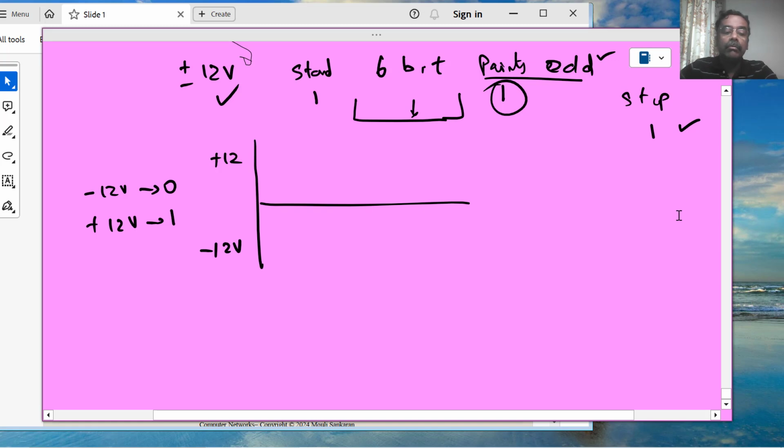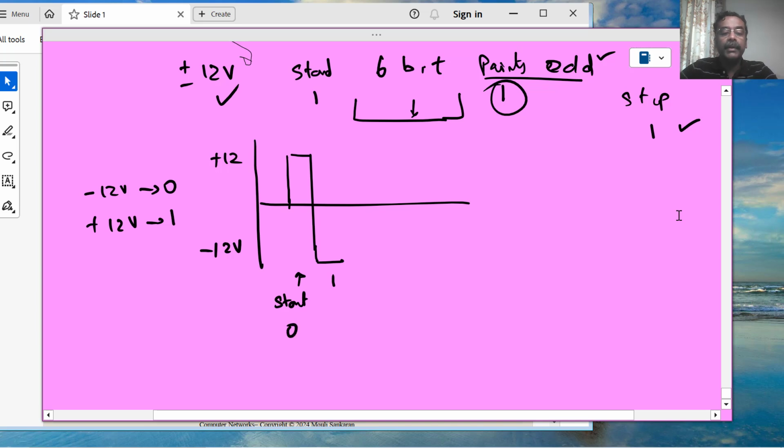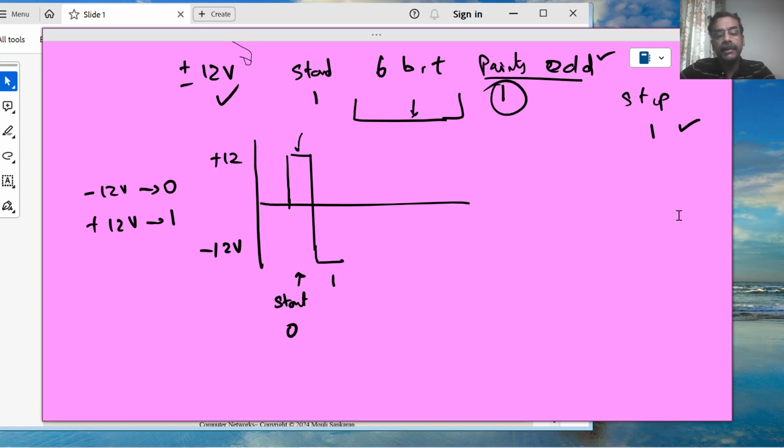So let us say that we are starting from here. You decide to send the data. First is the start bit. You have to start with the start bit. I have brought it down, so let me assume that this is minus 12 volts. This is the start bit. Start is always 0, and now I am starting with the value 1. I am assuming that the data bit I am interested in sending is a 1.